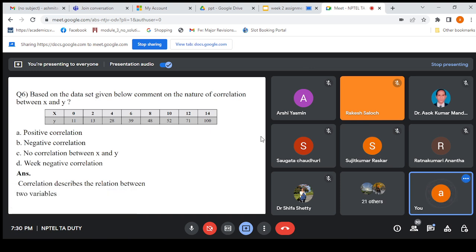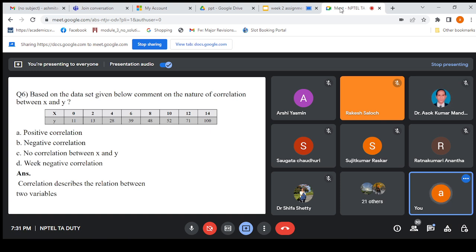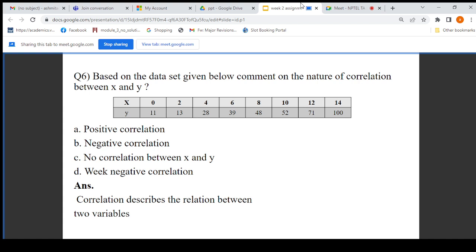Then it is positive correlation. Okay. So does anyone think it is a negative correlation, or no correlation, or any option other than positive correlation? Feel free to tell me if you think it's a negative correlation or something. Is anyone there?